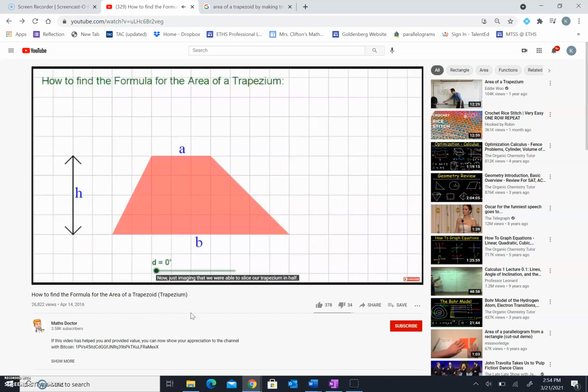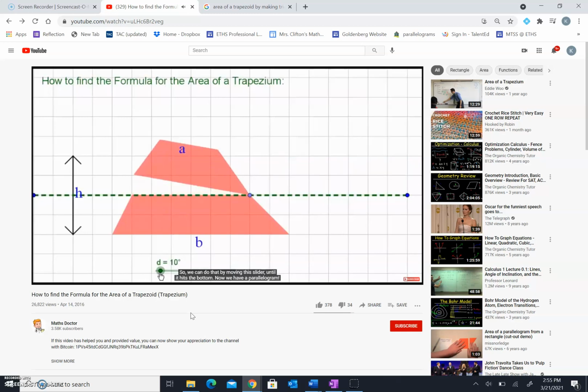Now just imagine that we were able to slice our trapezium in half. So we're going to cut it in half with a pair of scissors along that line there. Now we're also going to do something else. We're going to put a little hinge at that point there. So just imagine we can flip this whole top half of our trapezium that we've just sliced along this line, and we're going to flip it, rotate it on this hinge, on this centre of rotation if you like.